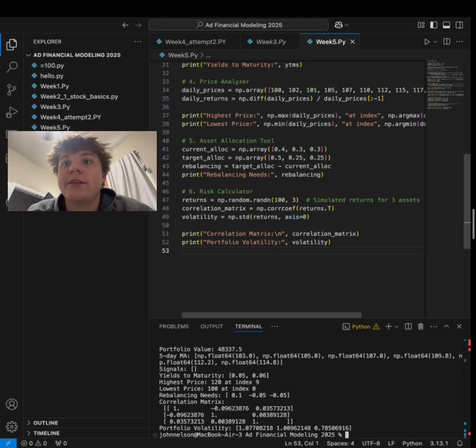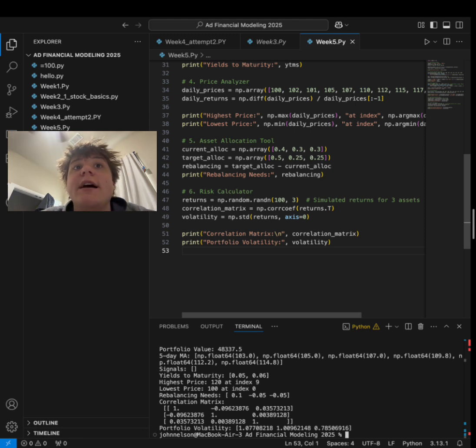So now if we take a look at the terminal, we can see all of our code has been run and we can see our results. Portfolio value came out to be 48,337.5. Then we have our 5-day MA values of 103.0, 105.0, 107.0, 109.8, 112.2, and 114.8. We have yield to maturity, which is 0.05 and 0.06.